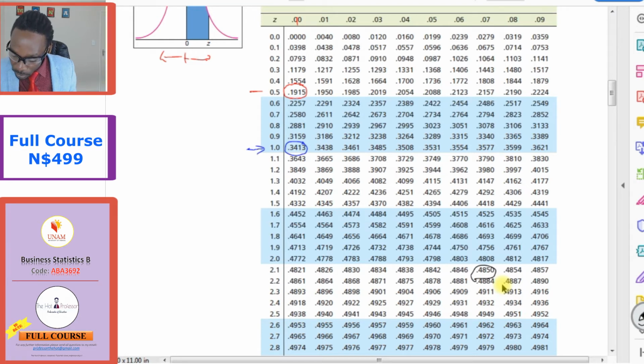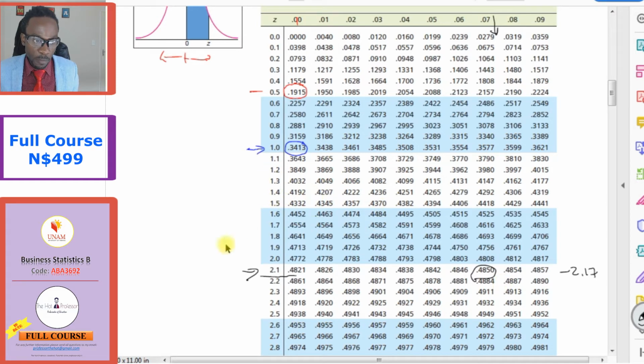Now, which number does it correspond to? It corresponds to 2.1 on this side and 0.07 on top. So in other words, it's 2.17.